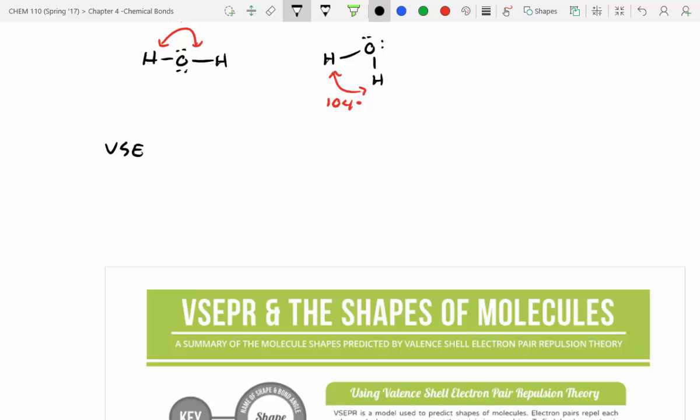So VSEPR is the valence shell electron pair repulsion.